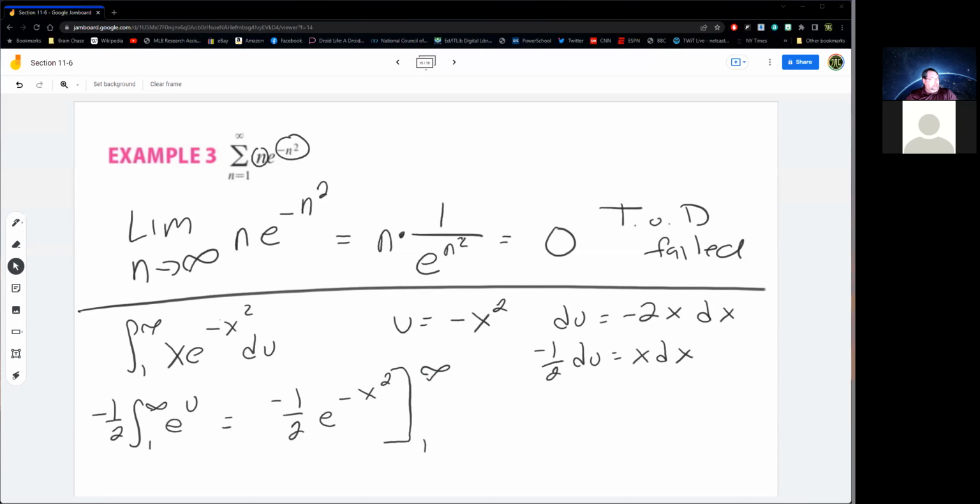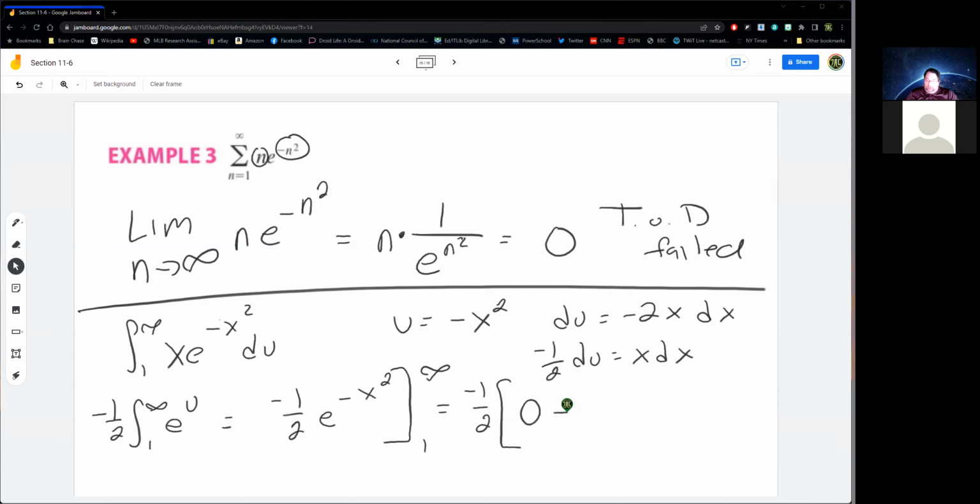All right. So if we look at this one, we have the negative 1/2. If I plug in the infinity, this whole thing right here is going to go to 0 because of what I just did up here. So that goes to 0.